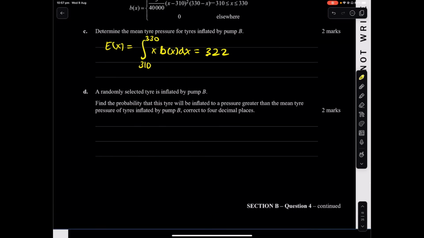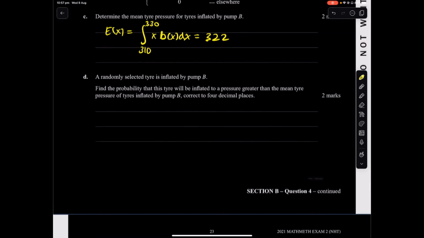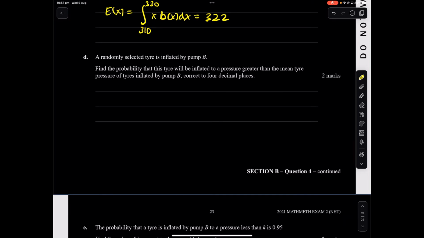A randomly selected tire is inflated by pump B. Find the probability that this tire will be inflated to a pressure greater than the mean. So the probability x is greater than 322. We want to find out when it's greater than the mean. Normally it's 0.5, but here we just double check it.